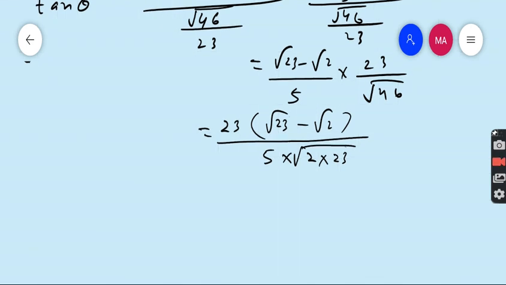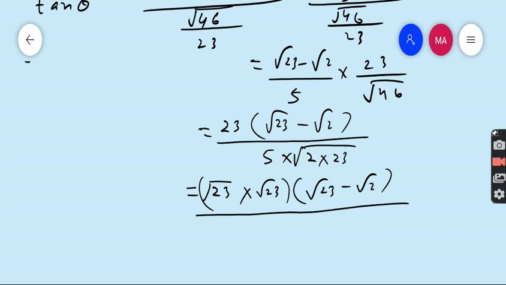Next, this 23 can be written root 23 into root 23, multiply by root 23 minus root 2, no change, upon 5 into this can be written root 2 into root 23. Okay, now cancel this root 23 by this root 23.